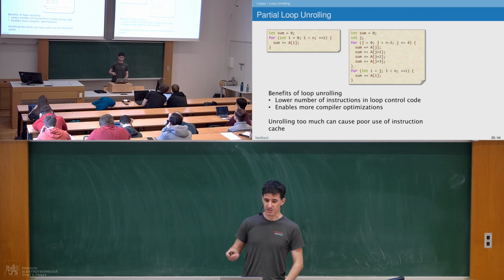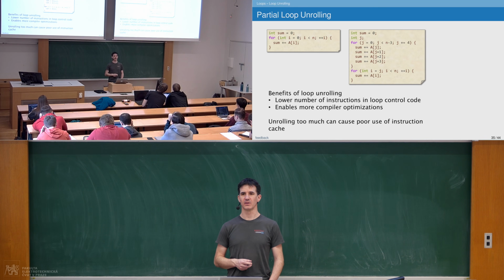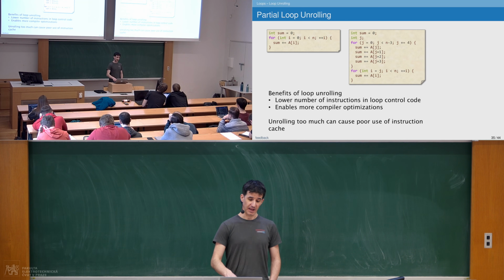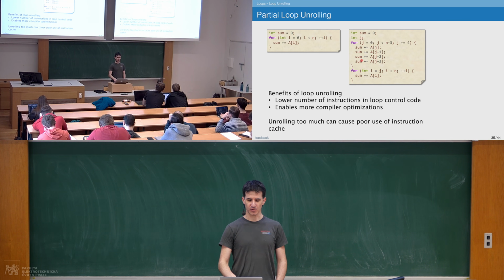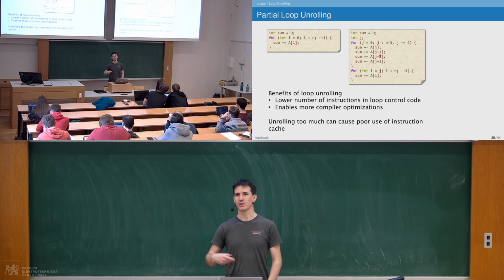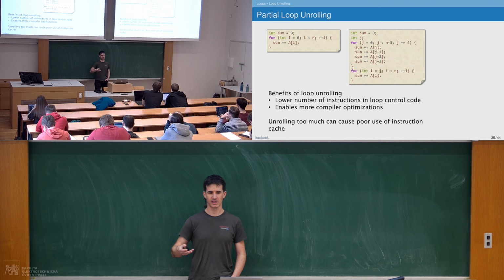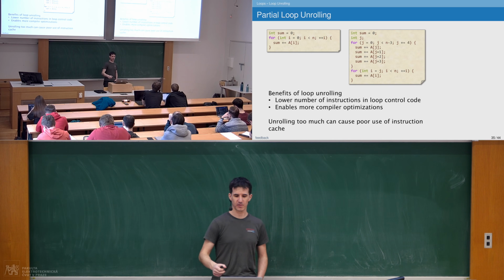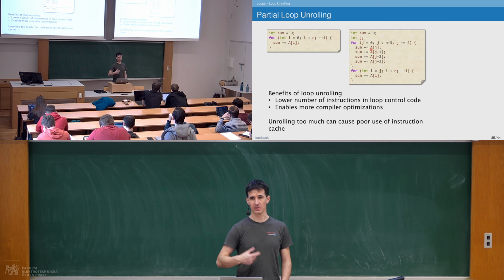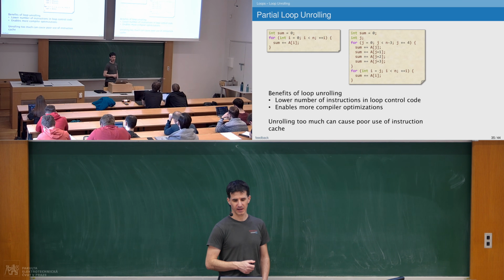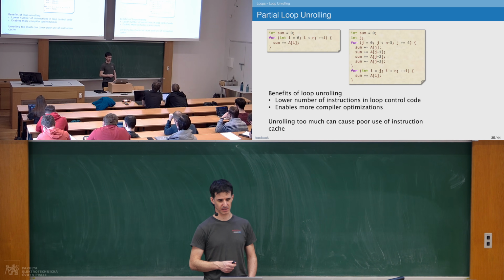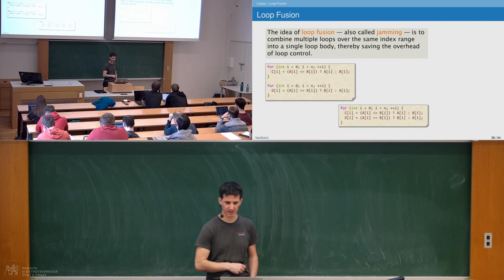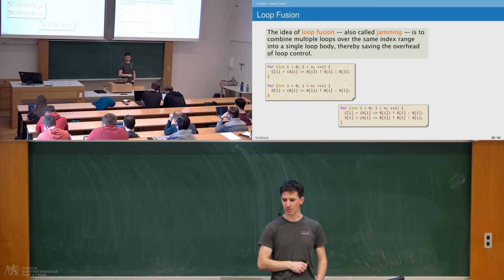Even this, the compiler can do automatically. Another benefit of this is that if you perform operations like this, you can use vector instructions like SIMD instructions to perform multiple additions by a single instruction, and this is what compilers can do well also. And another technique related to loops is loop fusion.